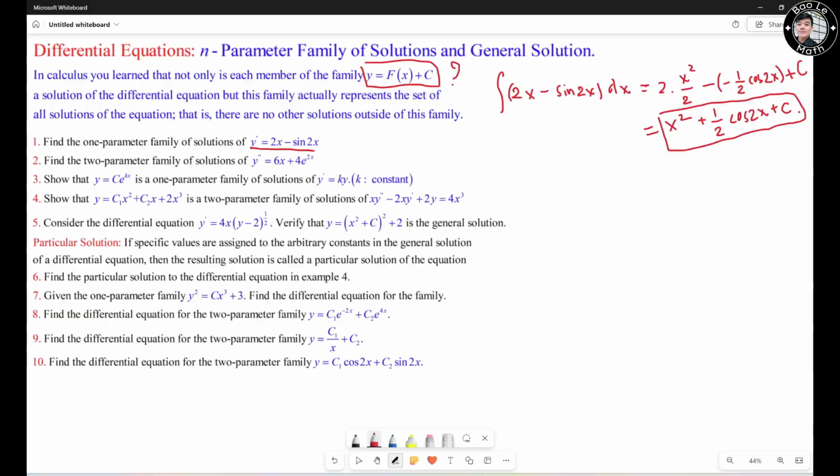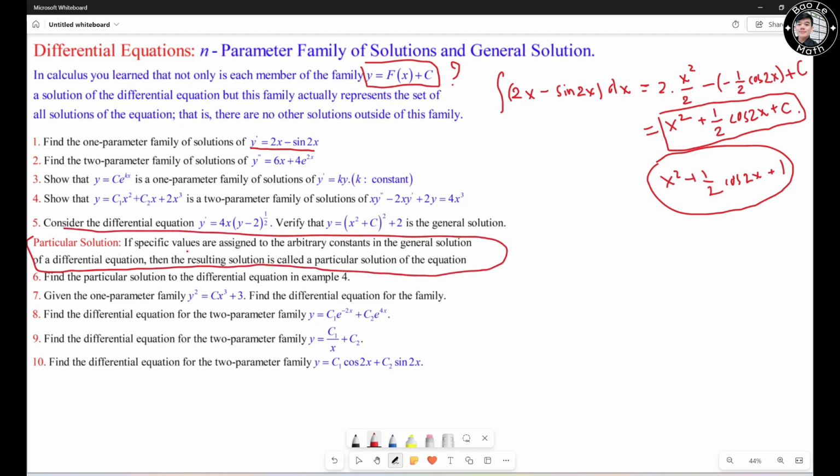So if you let c equal 1, for example, I have x squared plus 1/2 cosine 2x plus 1. This is called a particular solution to the differential equation right here.